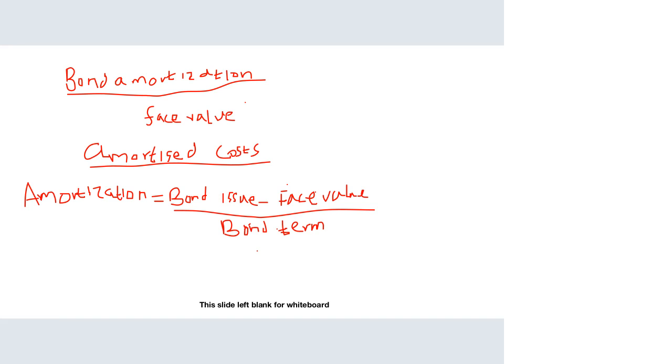Now, to solve this, we need to first of all get the difference between the face value of the bond and the issue price, or the proceeds from the bond. Let me go to the next slide.